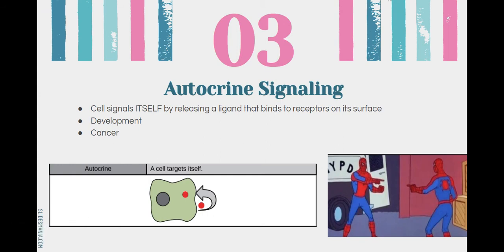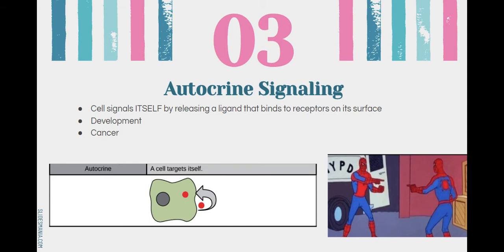Okay, so our third pathway is going to be autocrine signaling, and this is basically when the cell signals itself to respond in a certain way. It releases a ligand that binds to the receptor on its surface and then causes a specific response to be given.